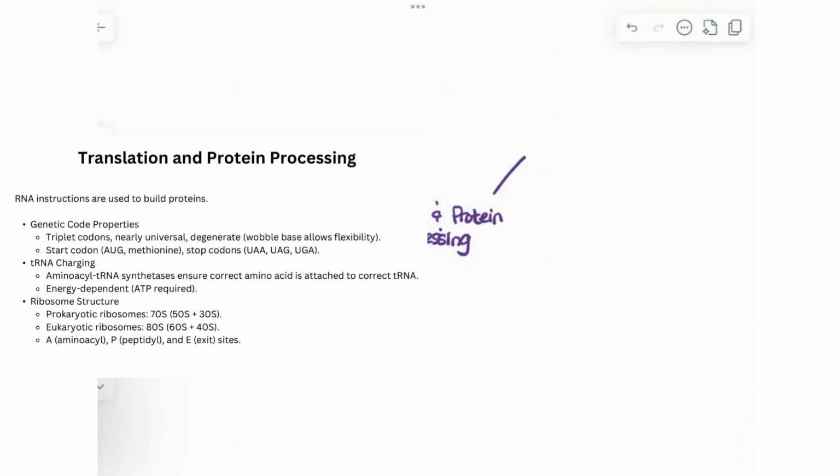Translation and protein processing. Here we have 3 branches stemming from it, and we are going to tackle the first one. The first one is genetic code.